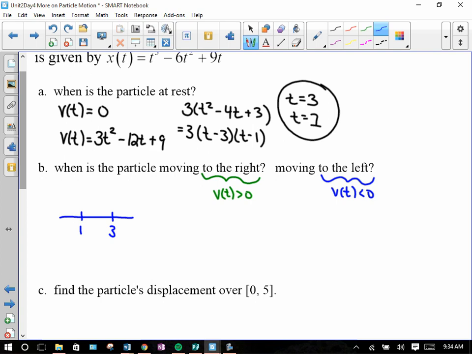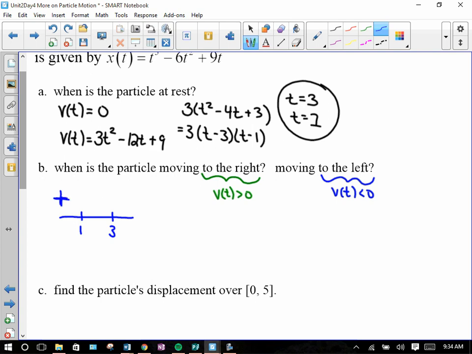What's the number to the left of this? Negative 1. Well, let's choose something much easier. 0. So you take 0 and plug 0 in. If I plug 0 in here, I'm going to get negative 3 and negative 1. So negative 3 times negative 1 is a positive number, times another positive number, that's positive.